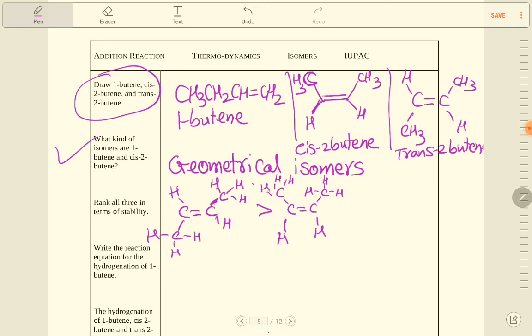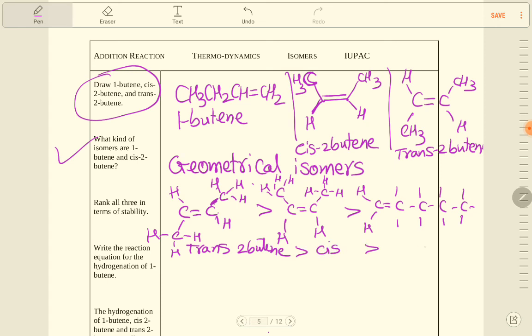This is a cis structure, and then there's 1-butene, carbons 1 2 3 4. And then you consider the H around, so basically you can say that trans-2-butene has greater stability than cis, and then 1-butene.